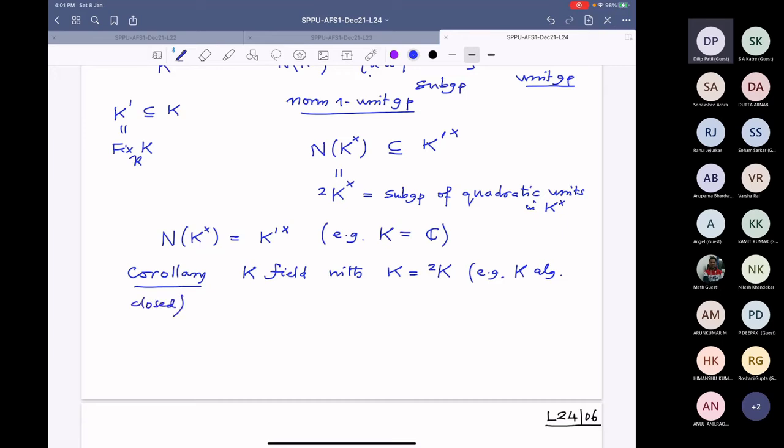Everybody has a square root. Then all Hermitian matrices, now let me write in terms of matrices, matrices in M N K of equal rank are congruent.